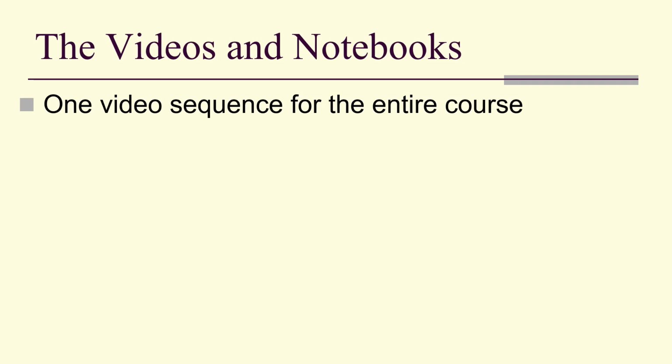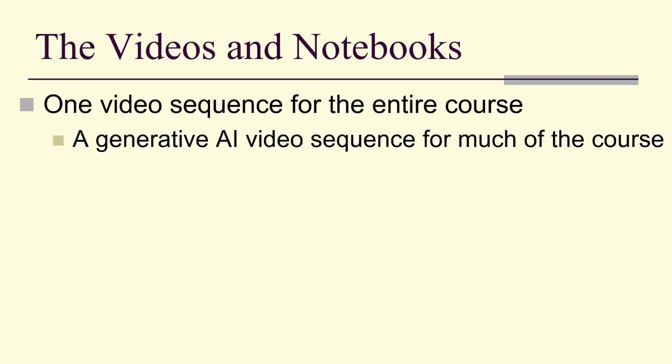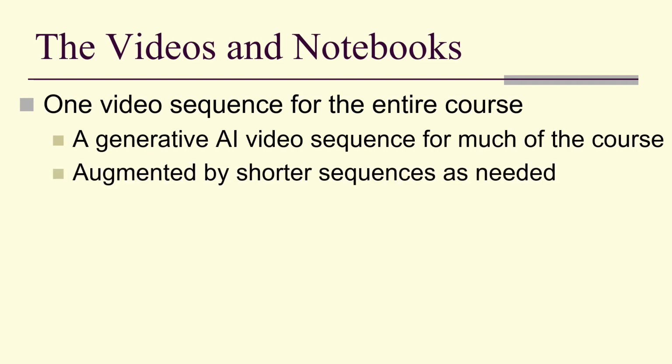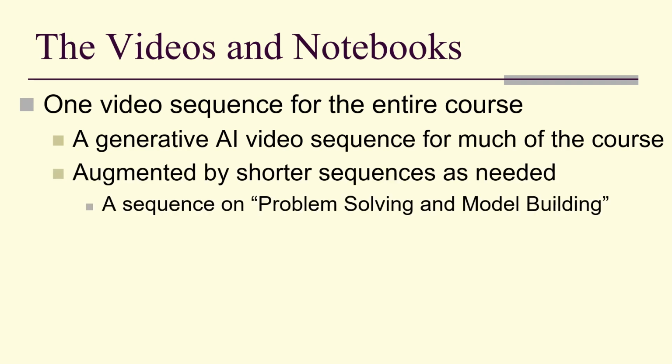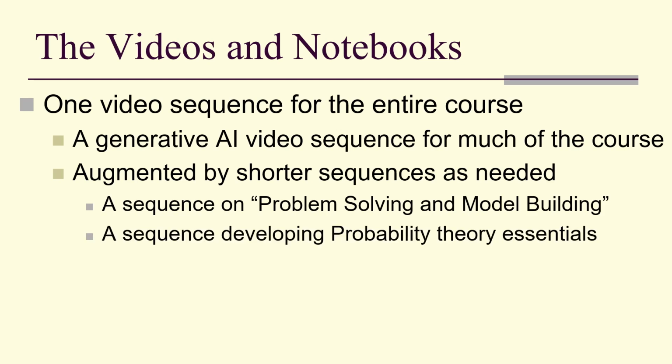So the videos and notebooks. There'll be one video sequence for the entire course. It's sort of the main instructional component of the course. There'll also be a generative AI video sequence, which is separate from the one above. And there'll be other shorter sequences of videos. A sequence on problem solving and model building. A sequence on developing probability theory essentials.